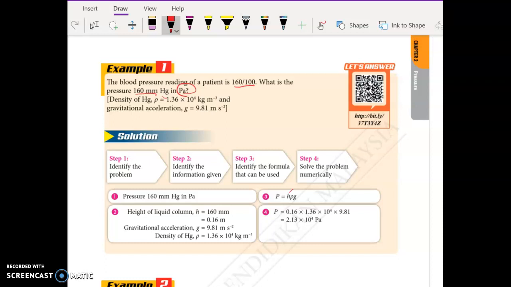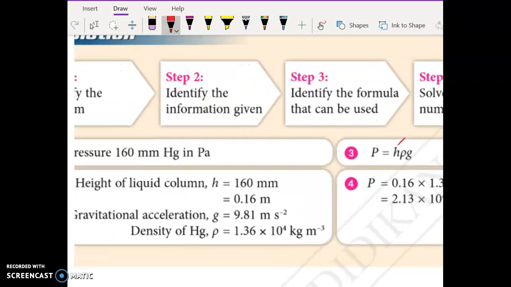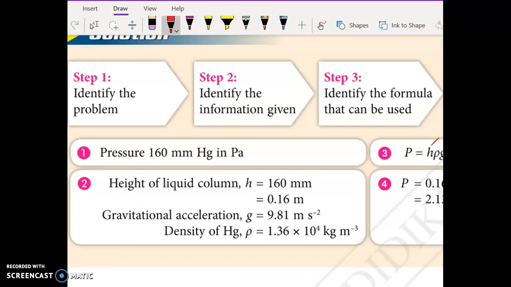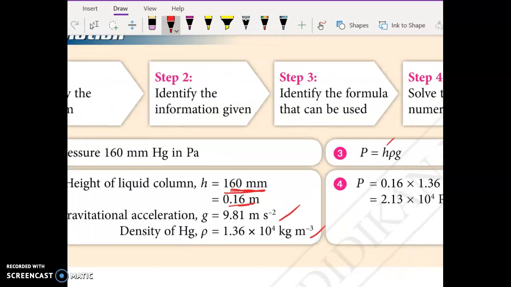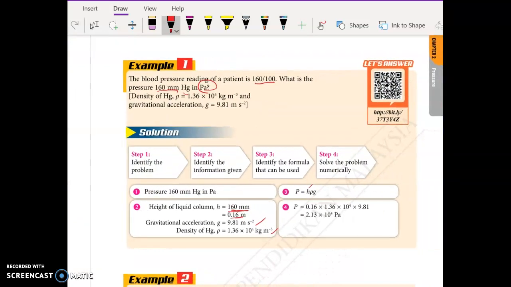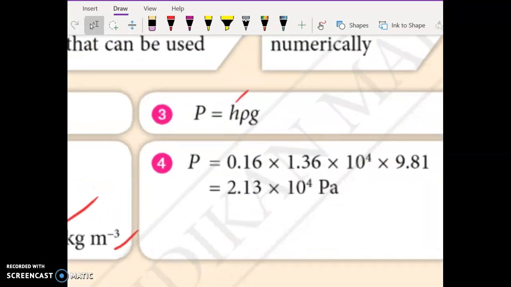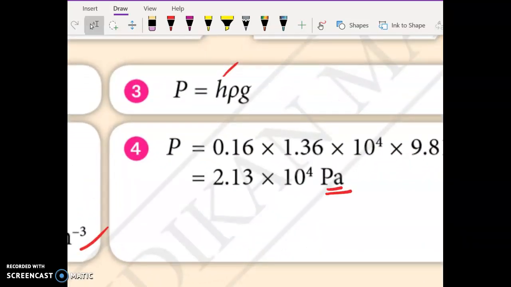Okay, so here, height of the liquid column is 160, which is 0.16 m, gravitational acceleration, constant value, and density of mercury 1.36. So just substitute everything in the formula and you will get your answer in Pascal.